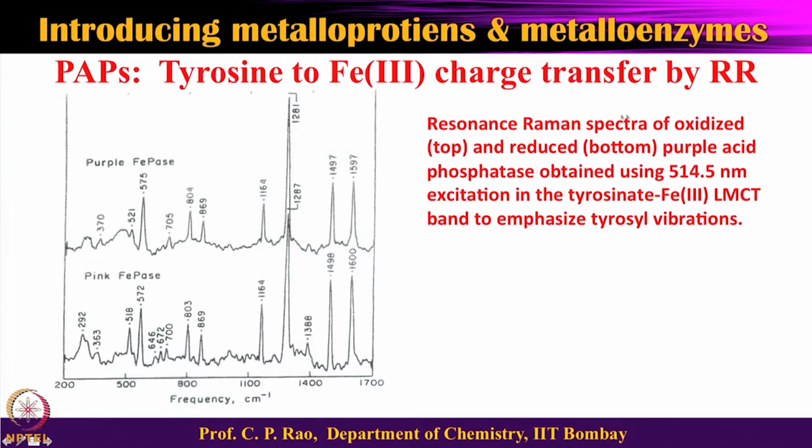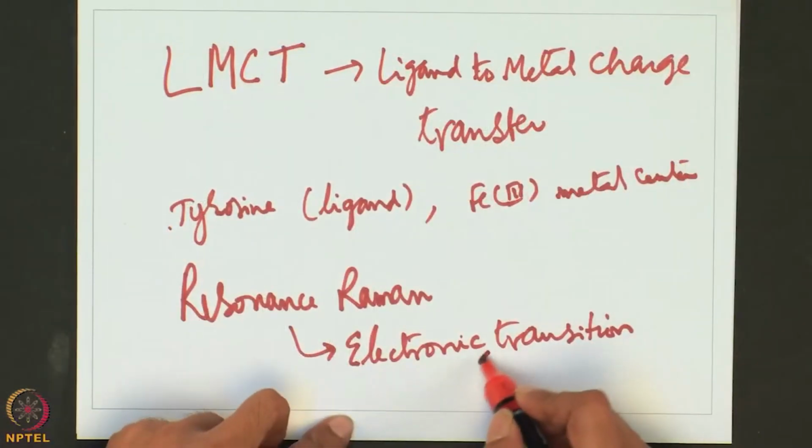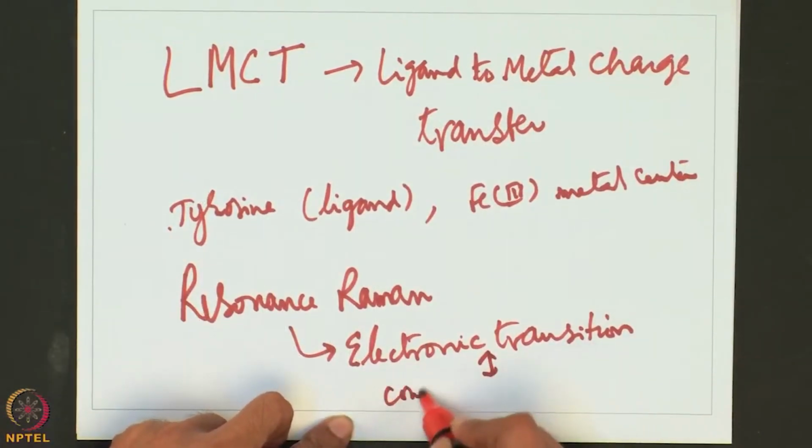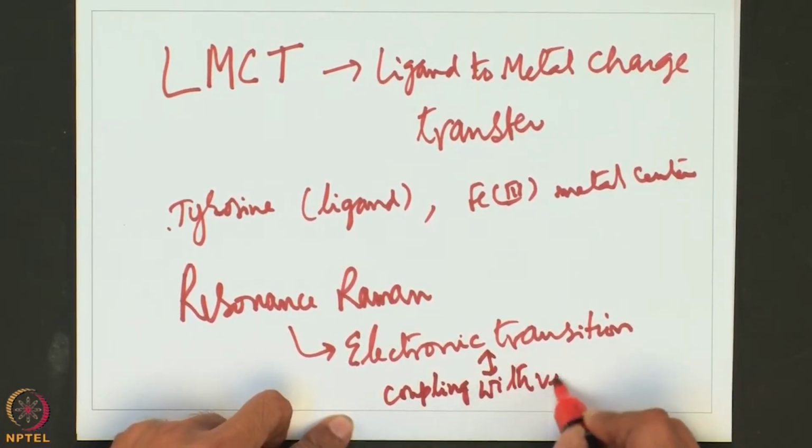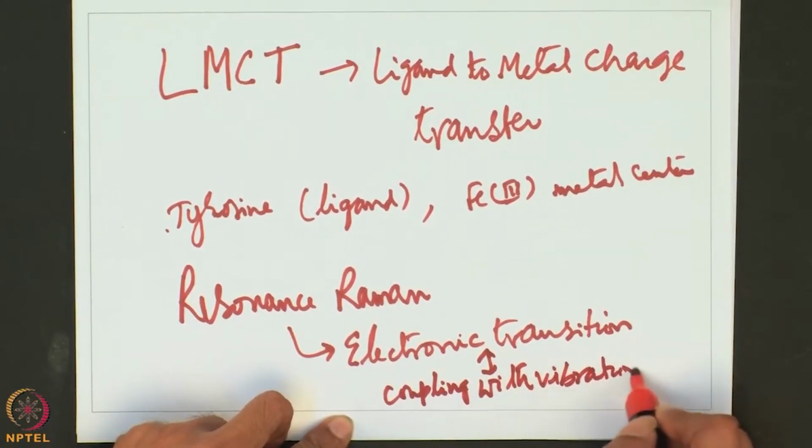So, suppose now you measure a Raman spectrum while exciting the sample at 514.5 nanometers, then what you get is a vibrational Raman spectrum which is coupled with this electronic transition. So, this is coupling with the vibrations.